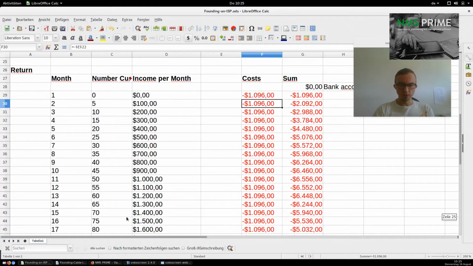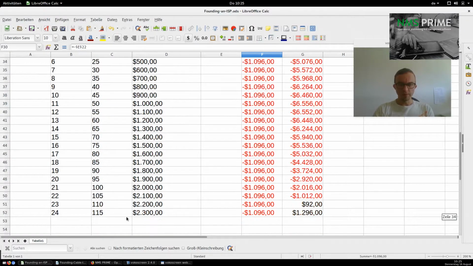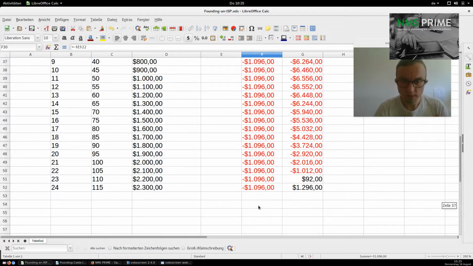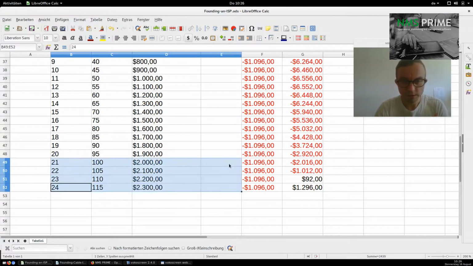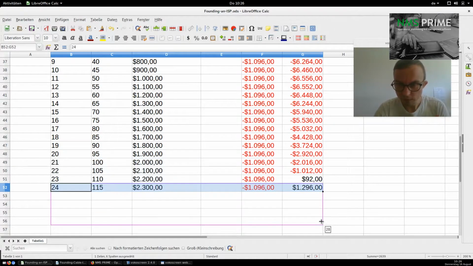Afterwards we will get back and get into a positive bank account at 23 months with 110 customers. But afterwards our bank account will increase quite a bit faster. Maybe I'll go a little bit further down.